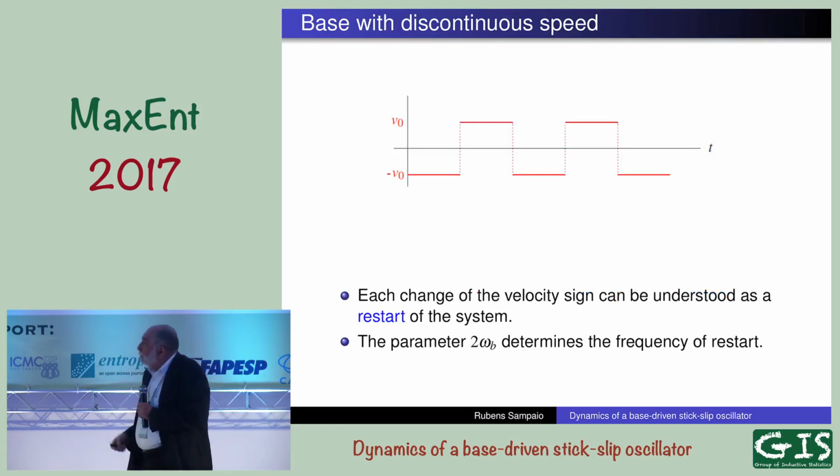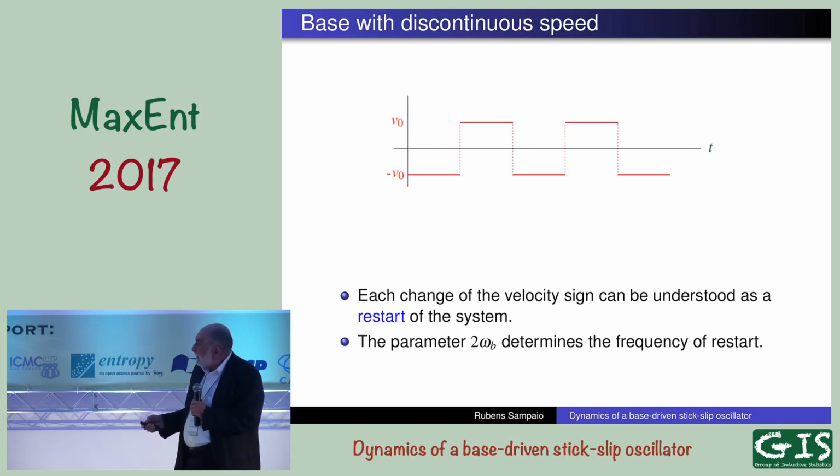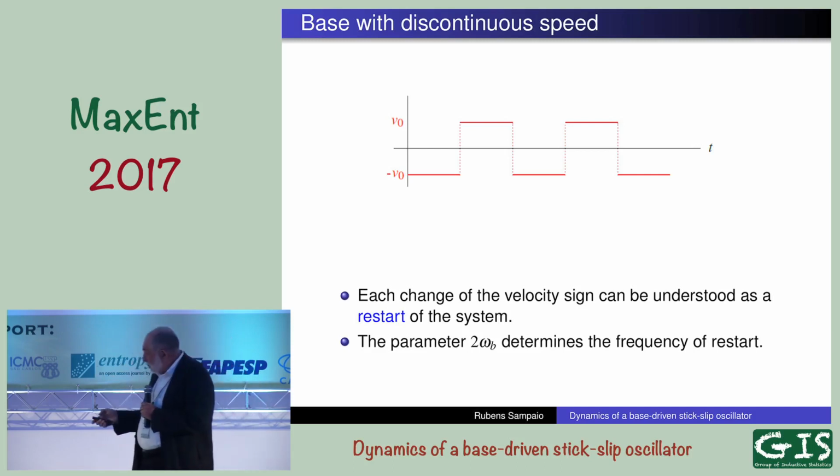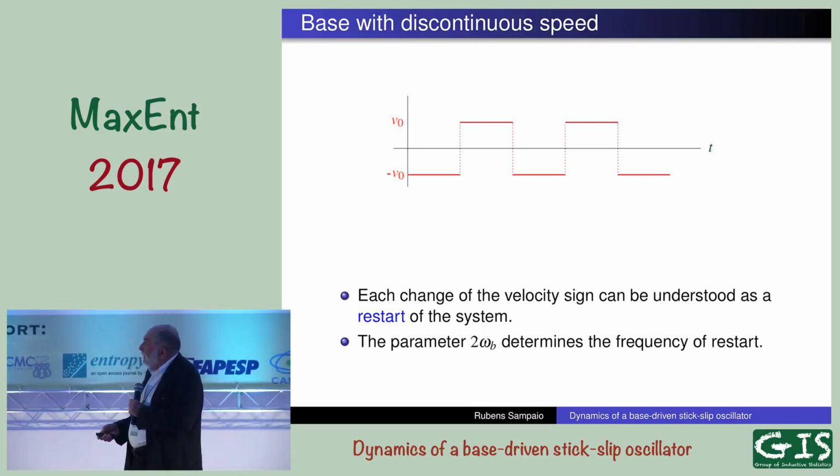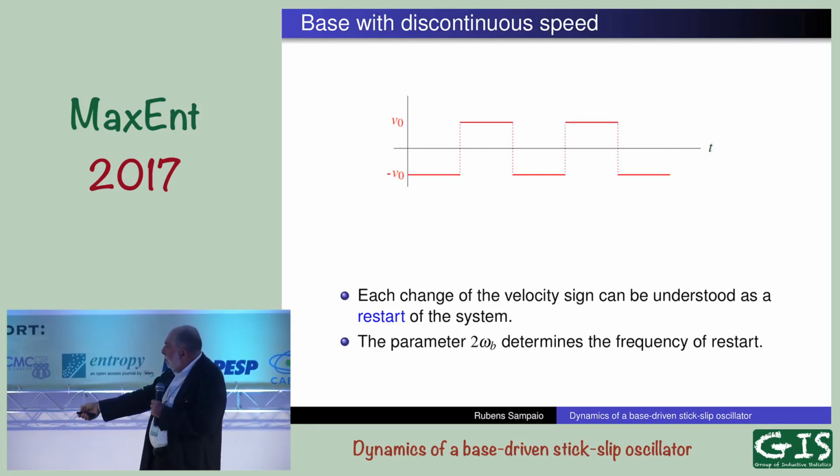So I want to use a discontinuous speed. First, I'm going to show you what the situation is if I have a deterministic process. Let's say I fix the speed, but I can change the speed with a certain frequency that I call 2 omega b. B is for belt, so that's the frequency of change.